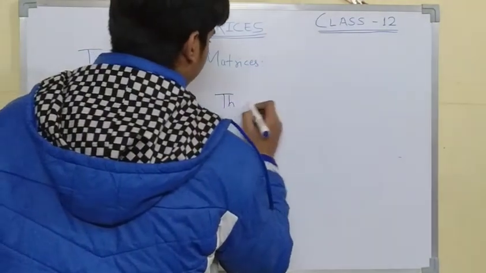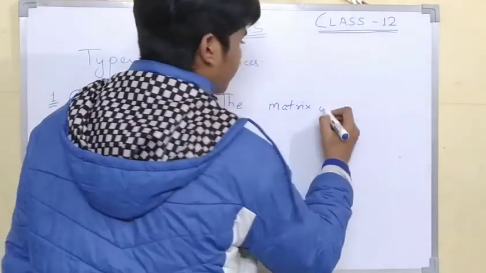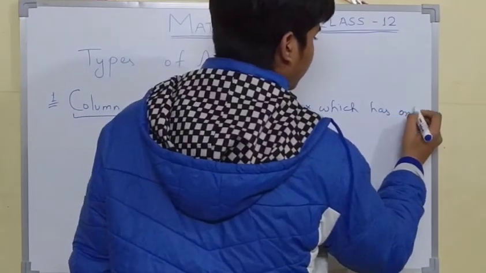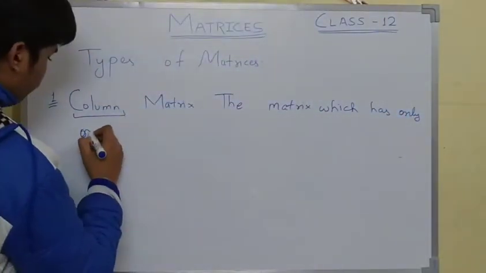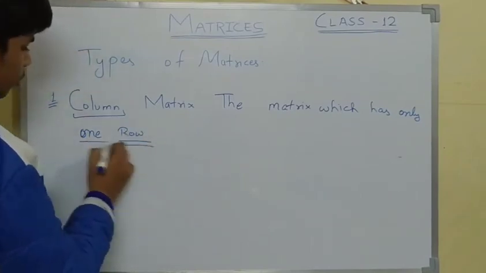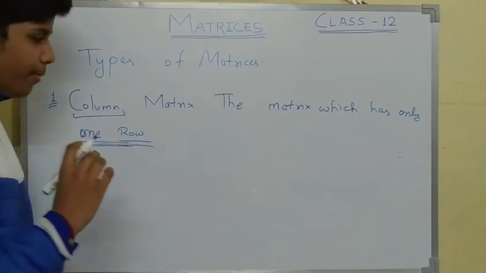So the matrix which has only one row, this is important, only one row. If the matrix has only one row, then it is a column matrix.